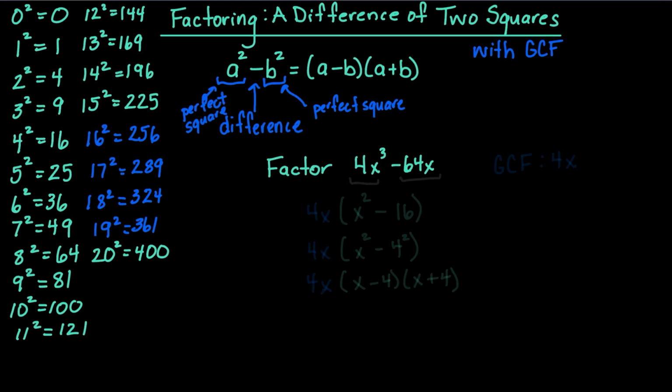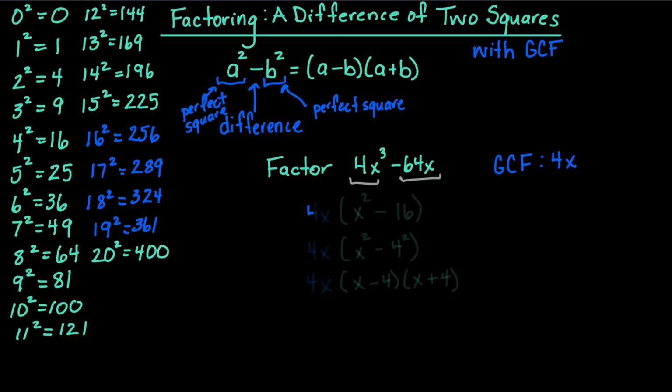Okay, we want to factor 4x cubed minus 64x. So I see both of my terms have common factors of 4 and x. So my GCF is going to be 4x because both 4 and 64 are divisible by 4, and both x cubed and x are divisible by x.